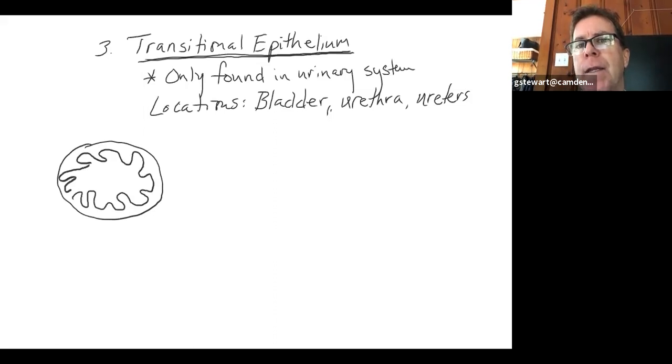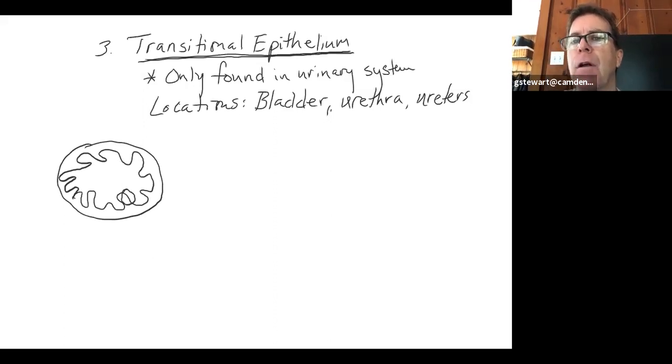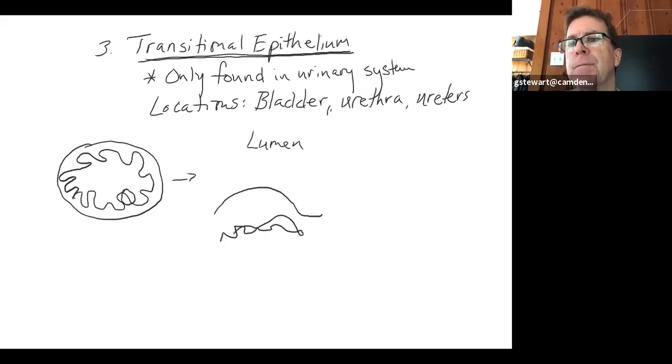It's variegated. If we magnify cells along this lining, they look like this. So this would be the lumen, or the inside of the urinary bladder. This is all deep connective tissue. And the cells that line are these plump cells that sort of pile up on top of each other.